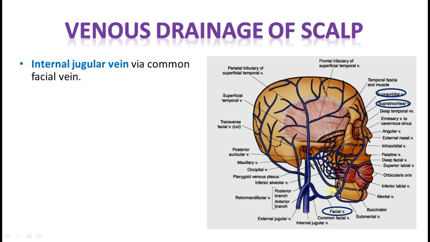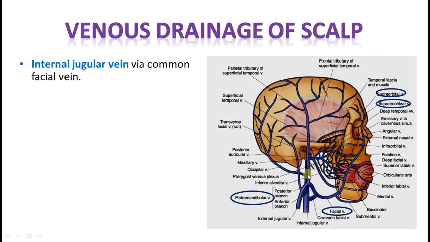This facial vein joins with the anterior division of the retromandibular vein. The retromandibular vein is formed by the union of the superficial temporal vein and the maxillary vein, which join within the parotid gland.